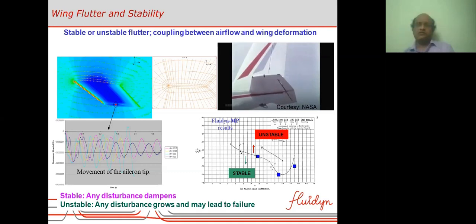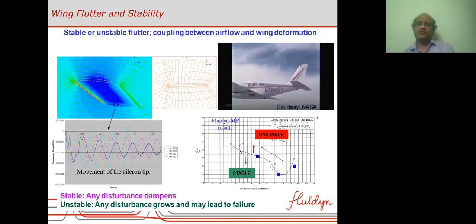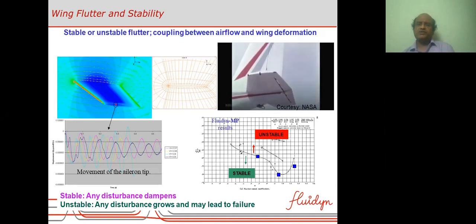The wings or any other parts of the plane should be designed such that even in case of disturbance or onset of such movements, eventually it should decrease and be dampened, and then it is called stable.